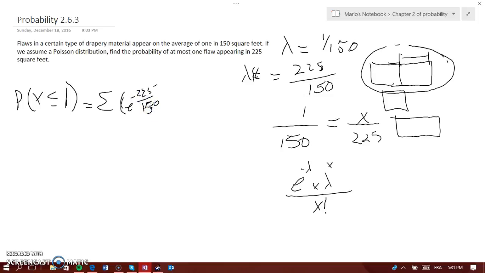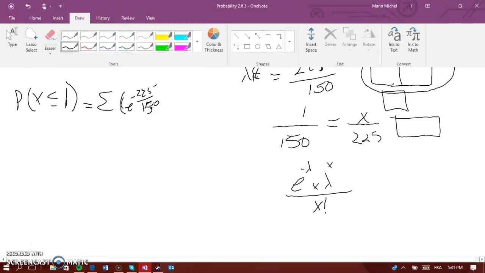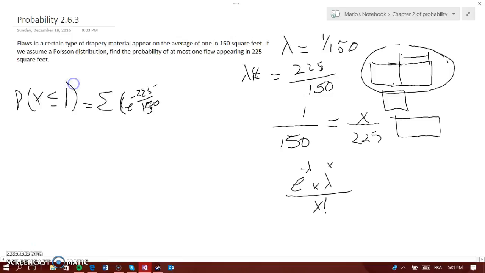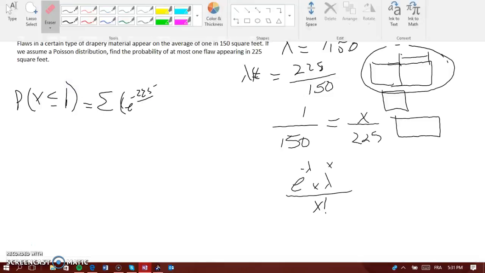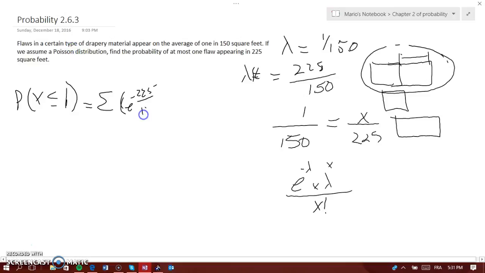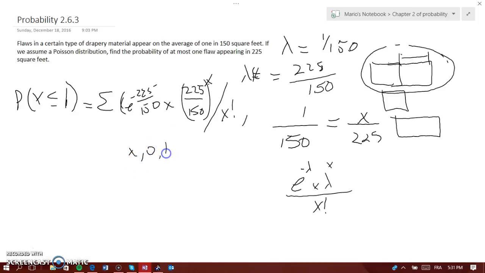Let me just write that again the other way. e to the negative 225 over 150 times lambda, 225 over 150, to the power of x, divided by x factorial, comma x, comma 0, comma 1.